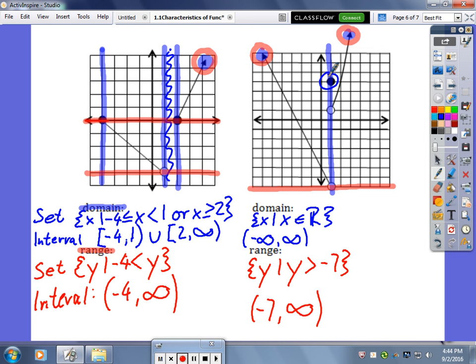In interval notation, we'll write open parentheses, negative infinity, comma, positive infinity, close parentheses. And for the range, it's y such that y is greater than, but not equal to, -7. In interval notation, we'll write open parentheses, -7, comma, infinity, close parentheses.